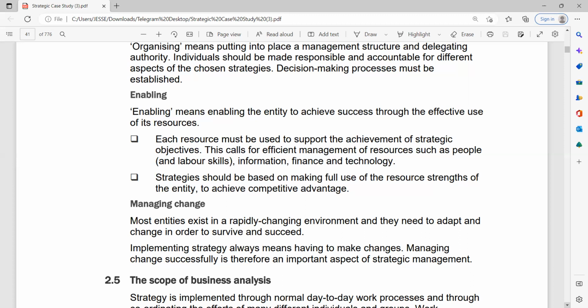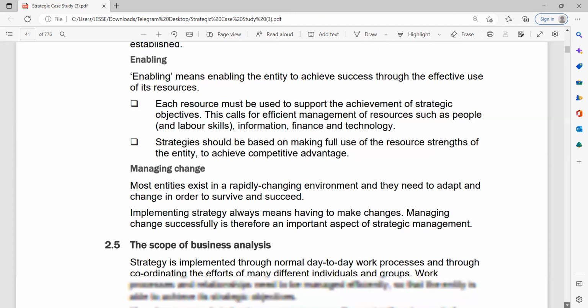Anytime you make an implementation, know that it creates change, and this change has to be managed, because if it's not managed, people might become resistant to the change, and it might affect the successful implementation of the preferred choice. Very, very important. So there are three aspects to implementation: organizing, enabling, and managing change.